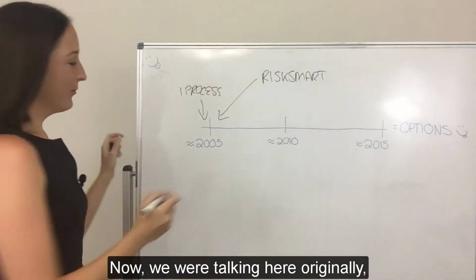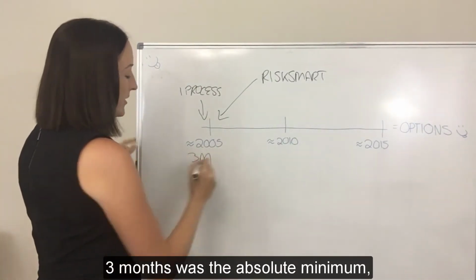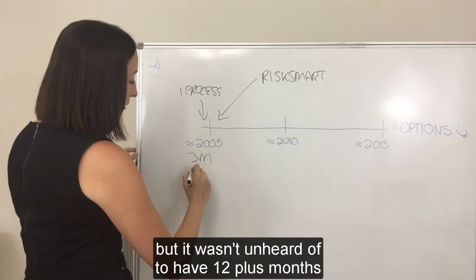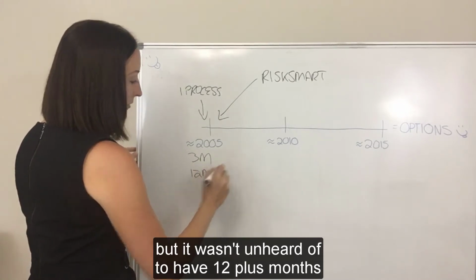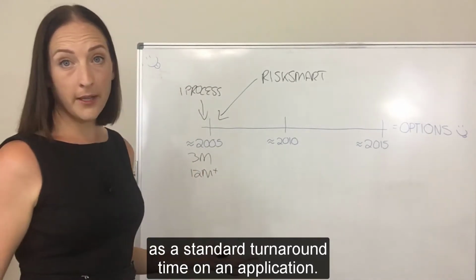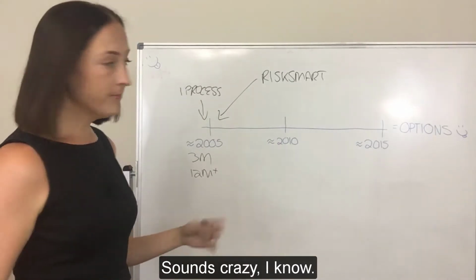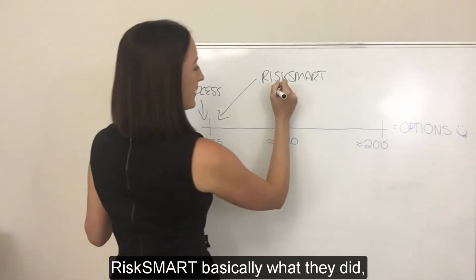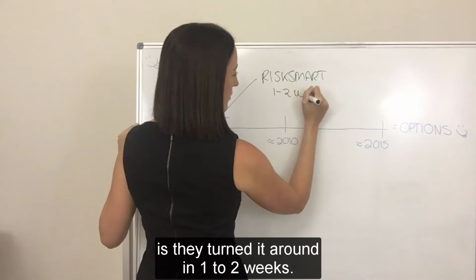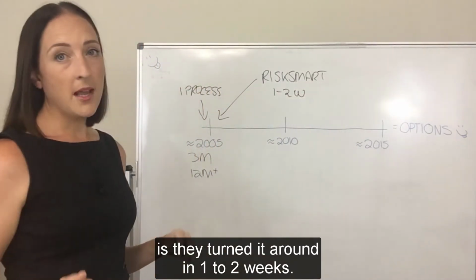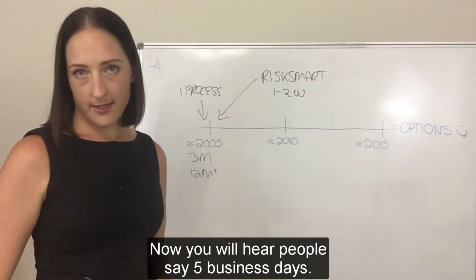Now, we were talking here originally, 3 months was the absolute minimum, but it wasn't unheard of to have 12 plus months as a standard turnaround time on an application. Sounds crazy, I know. RiskSMART, basically what they did is they turned it around in 1 to 2 weeks. Now you will hear people say 5 business days.